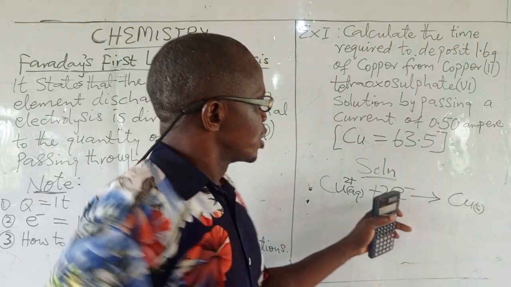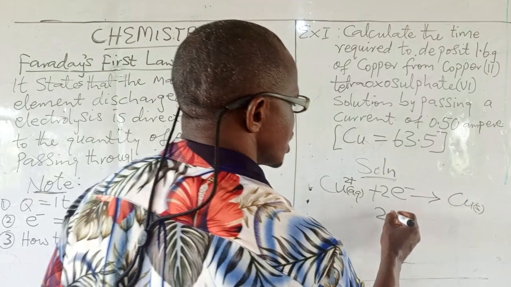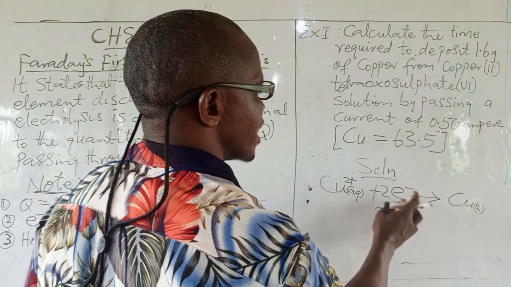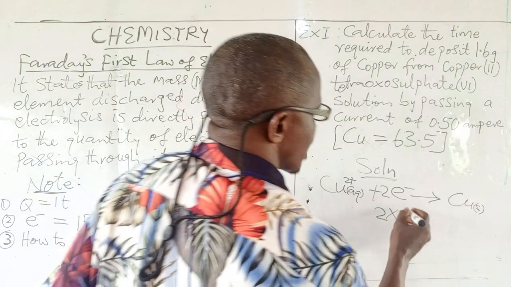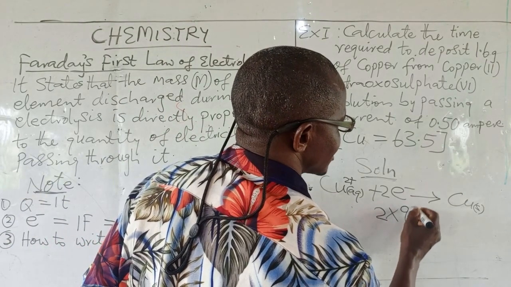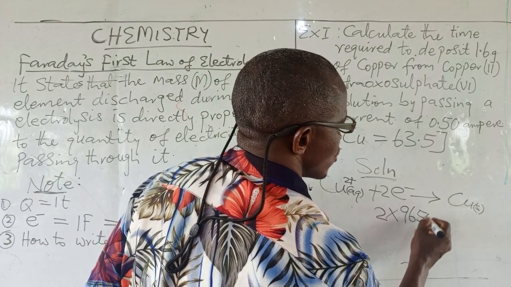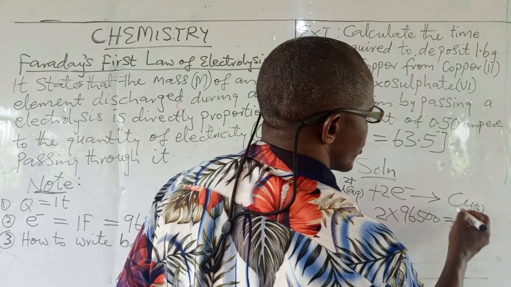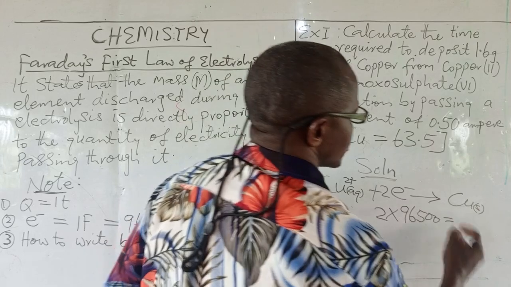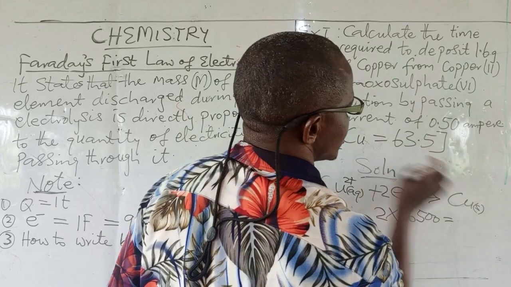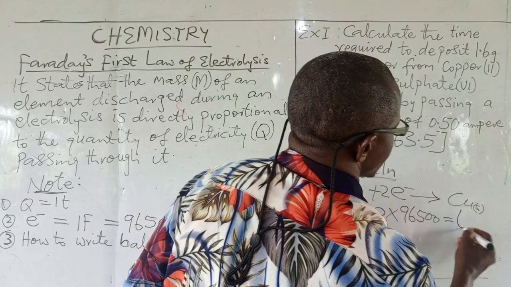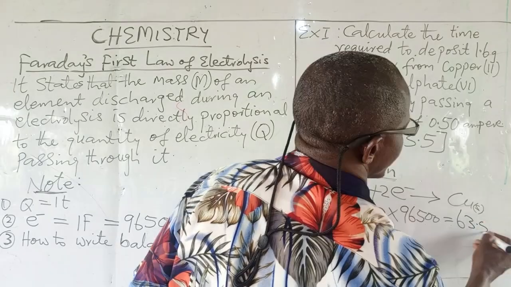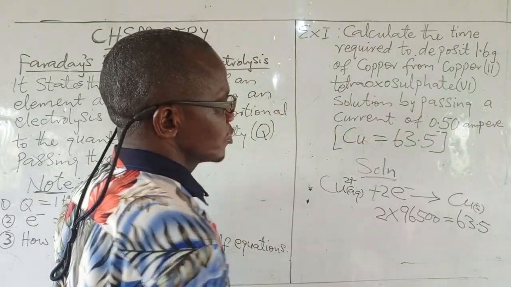And from this, you can now see that 2 moles of electron is what is being used. Now, recall that 1 Faraday, which has the value 96500, was able to deposit this mass, the atomic mass of copper, 63.5 gram.